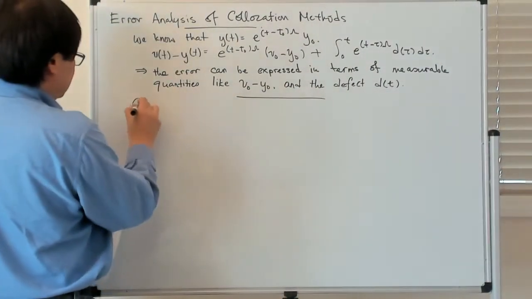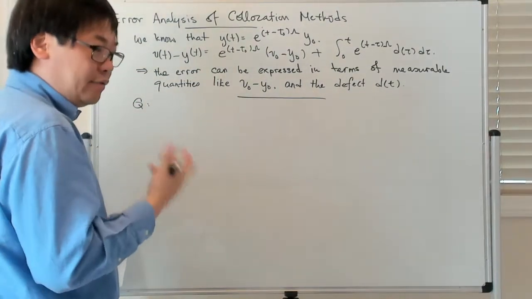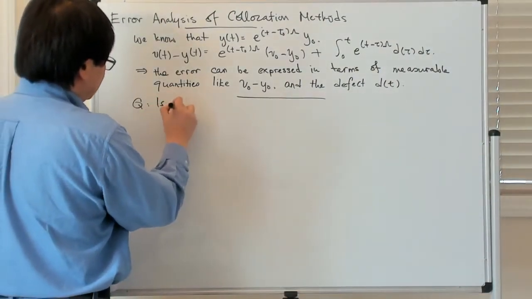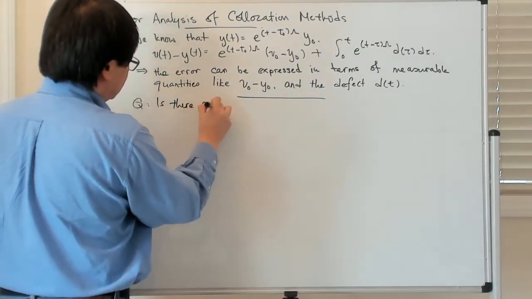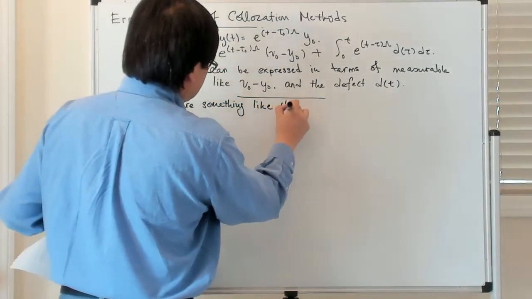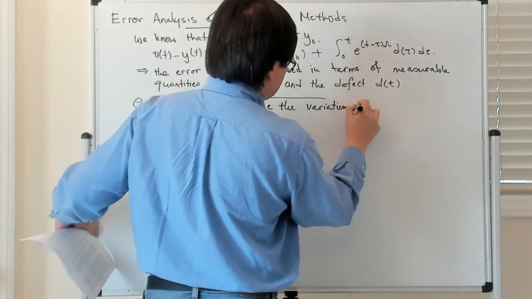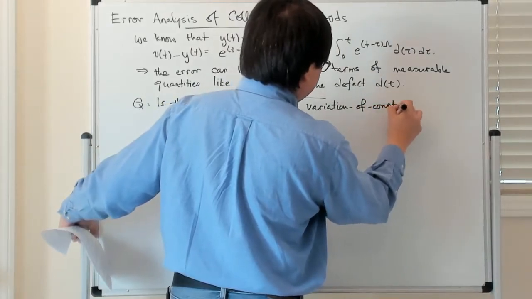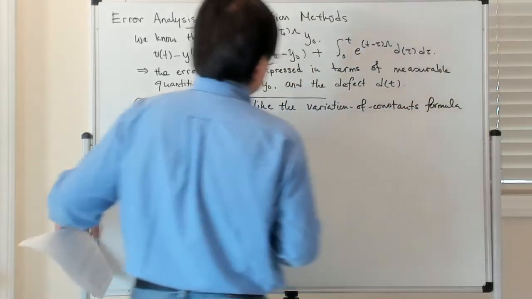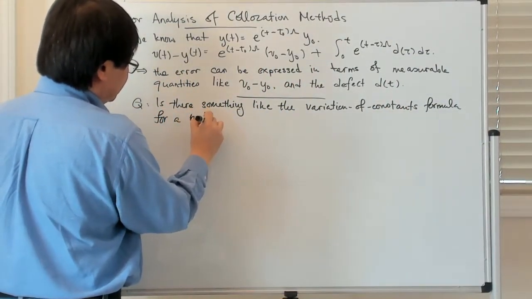The question is: is there something like the variation of constants formula for a nonlinear differential equation?